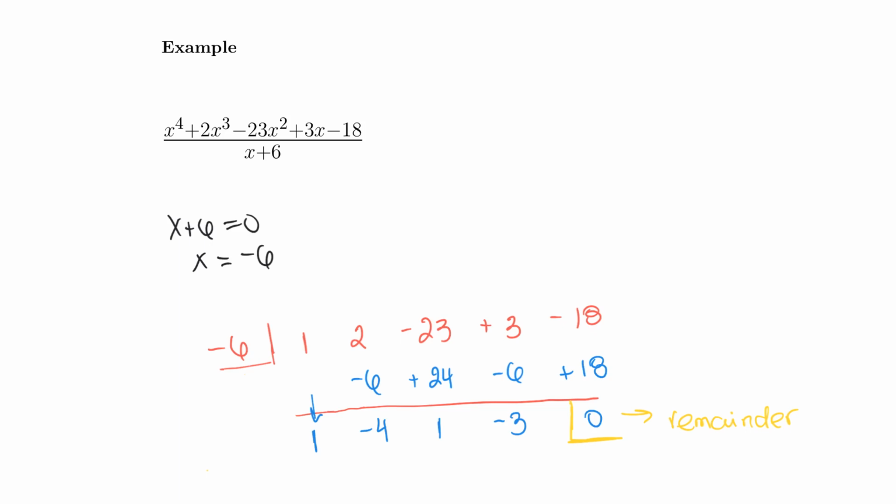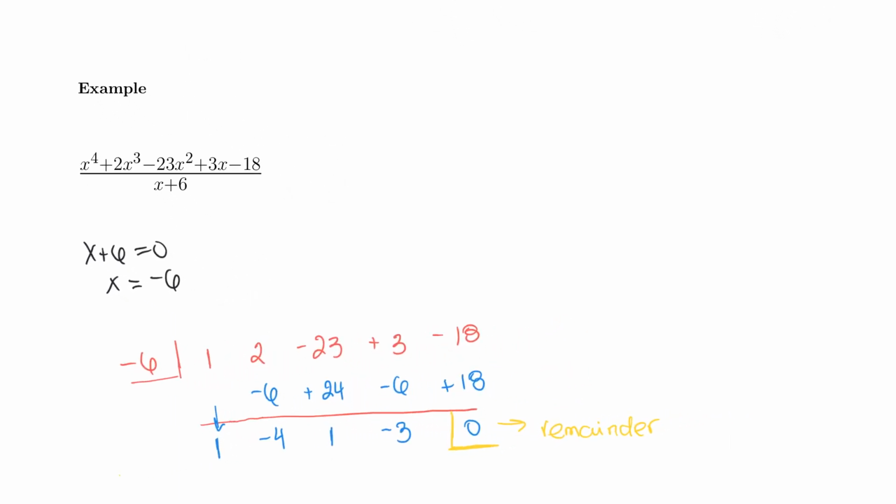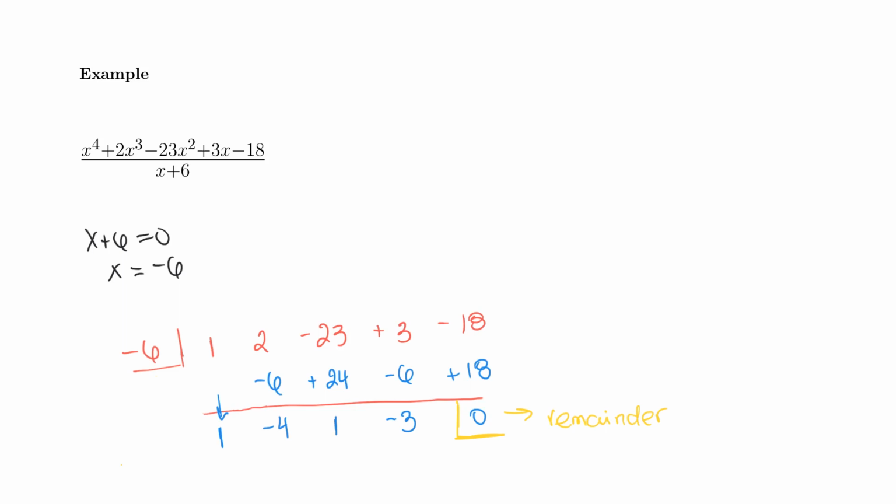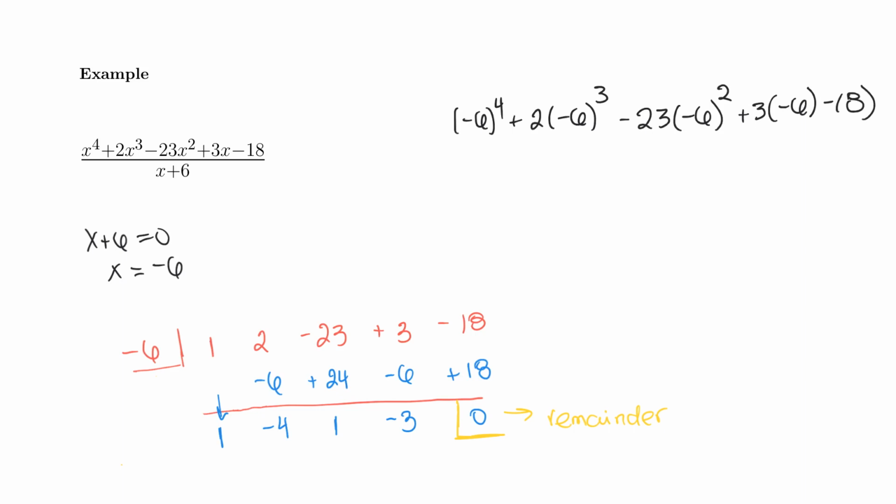Well, we just substitute minus 6 into the polynomial at the top, and then we have minus 6 to the 4th power plus 2 times minus 6 to the 3rd power minus 23 times minus 6 to the 2nd power plus 3 times minus 6 minus 18.